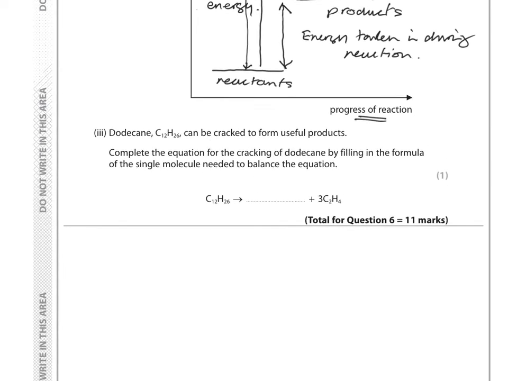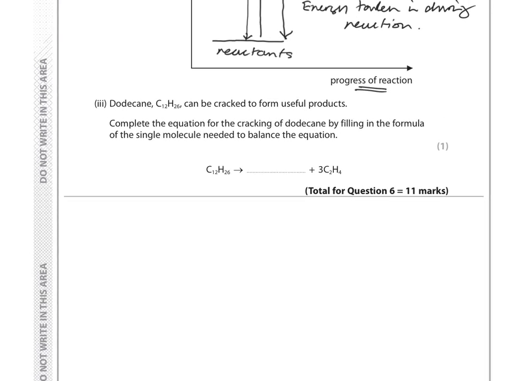Now part 3 says dodecane can be cracked to form useful products. Complete the equation for the cracking of dodecane by filling in the formula of the single molecule needed to balance the equation. Well, if I just do it by carbons, I've got 12 carbons on this side. I've got 3 lots of 2, which is 6.